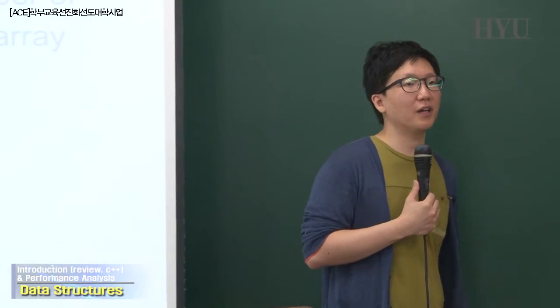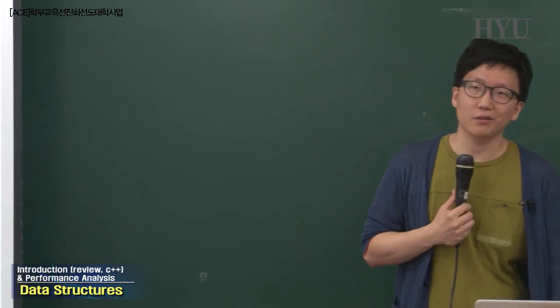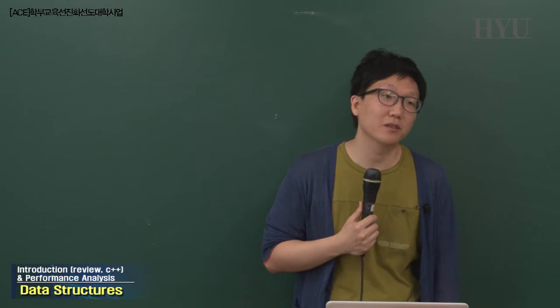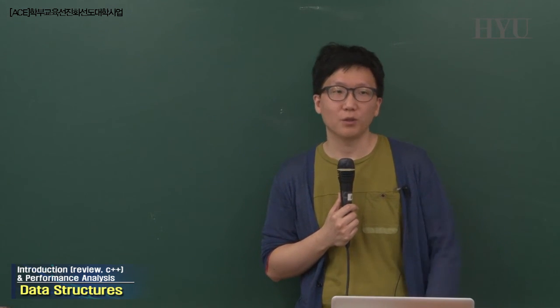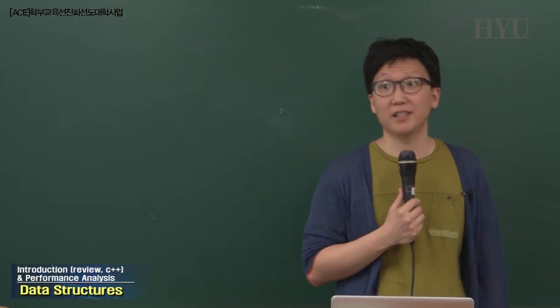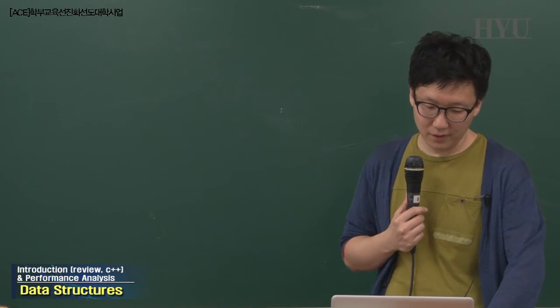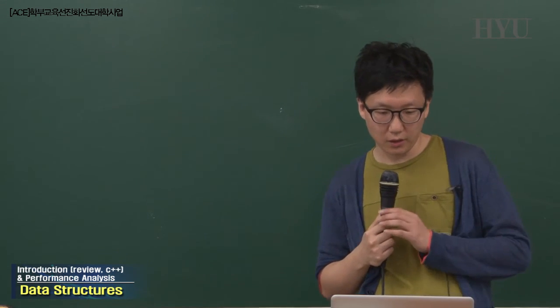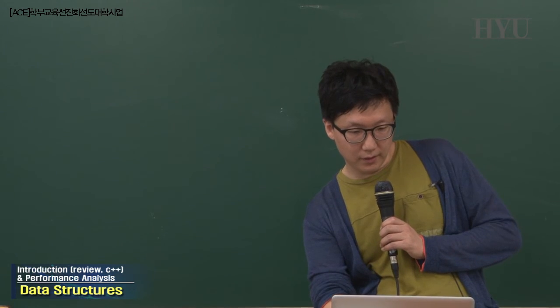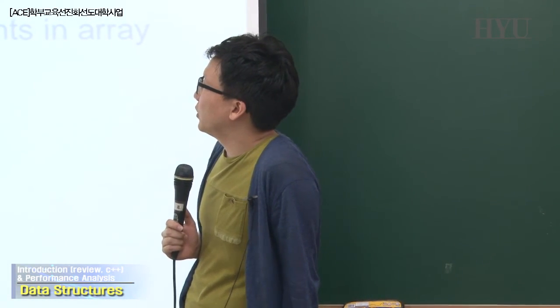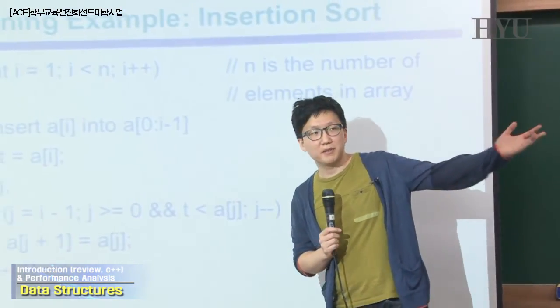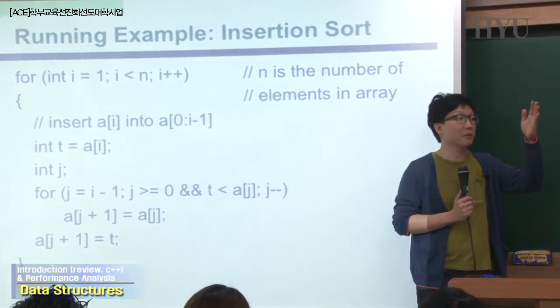I don't care about the algorithm itself. There are a couple of different ways of implementing this insertion sort, so I don't care whether you understand the algorithm itself or not. But here's how this looked. You have a series of numbers and start comparing from the beginning.